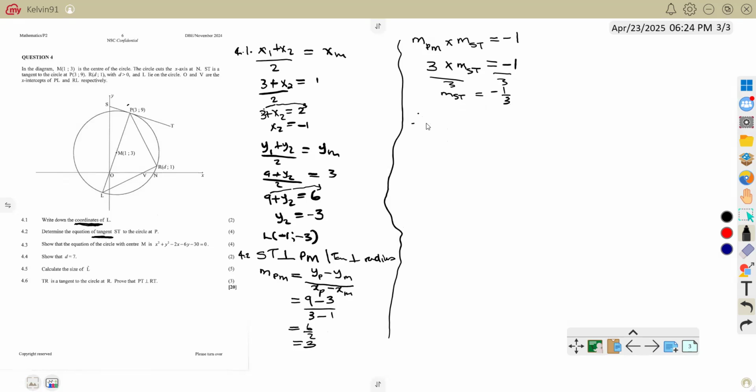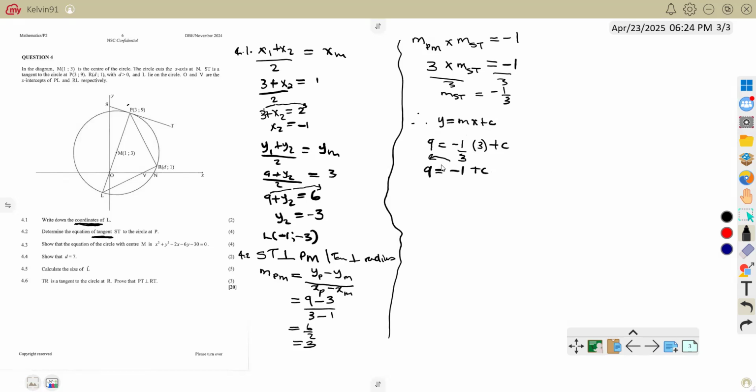Therefore, equation of tangent y is equal to mx plus c. So y coordinate, it's 9, equal to gradient, it's -1 over 3. The x coordinate, as you can see there, is 3 plus c. So it means your 9 is equal to -1, because the 3 and 3 will divide, plus c.